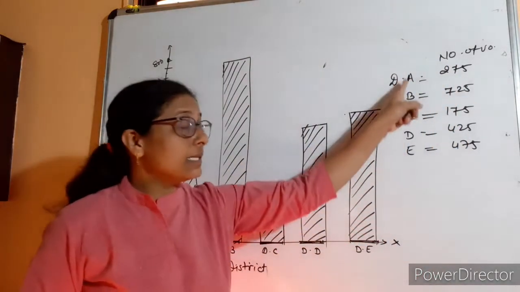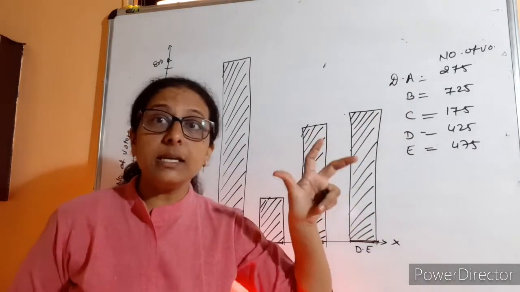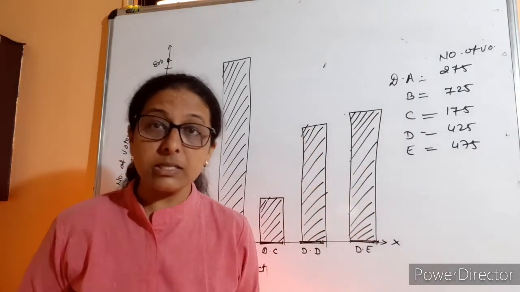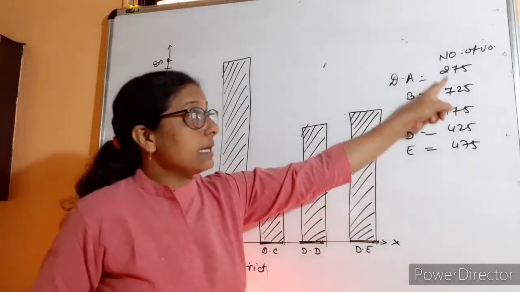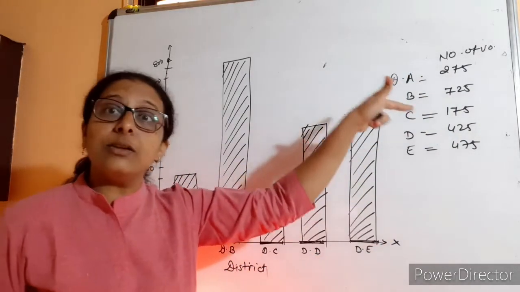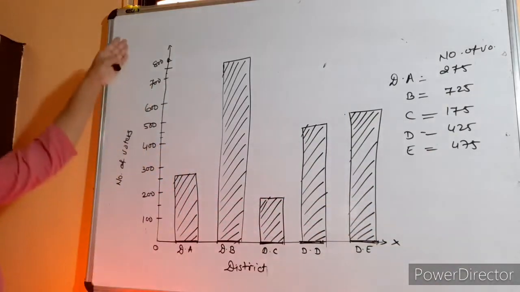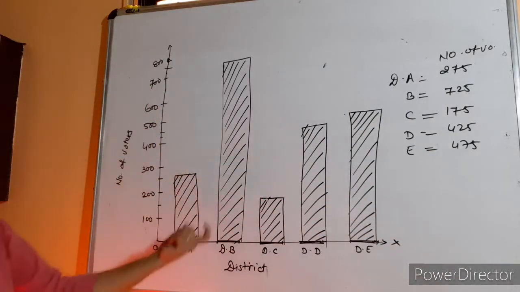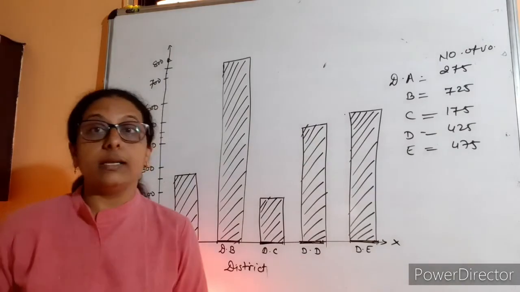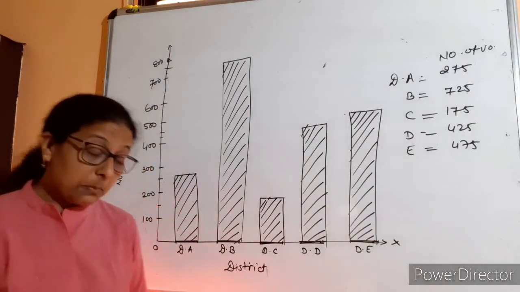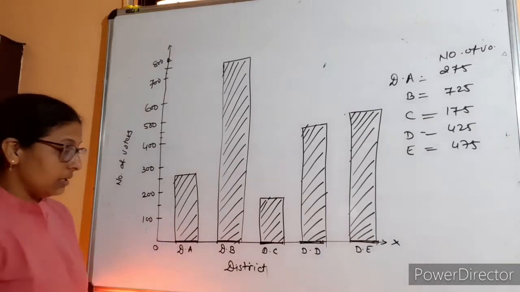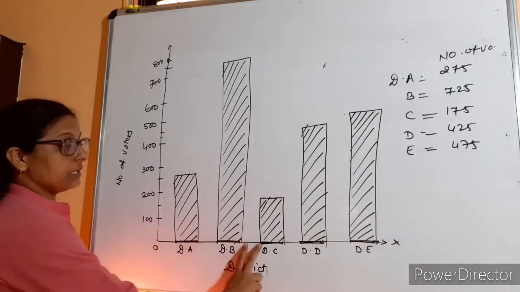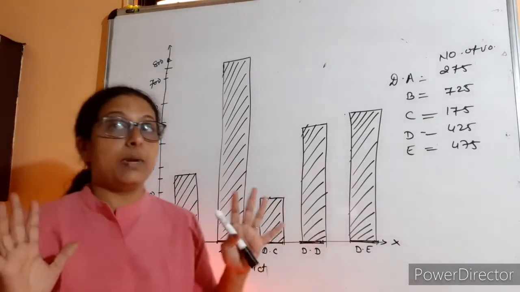So always this name of the district or any data which gives you the information that you will take on the x-axis, while this number of voters, that is the numerical data, we will take on the y-axis and draw the bar. This is called the bar graph. Keep in mind, you have to keep in mind that this distance between each and every graph should be identical.